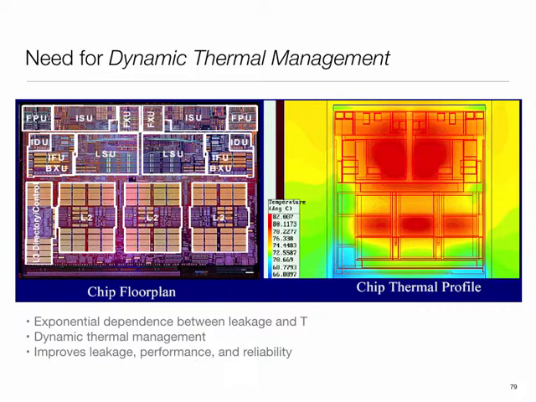The confounding part is that thermal effects are not immediate, because there is a thermal inertia in the chip. Let's say the chip is heating up. You realize that, and you lower the frequency immediately. It's not as if the temperature will come down immediately. It's going to keep rising for a while before it starts coming down. So you have to look ahead.